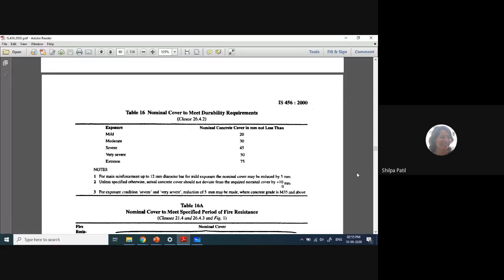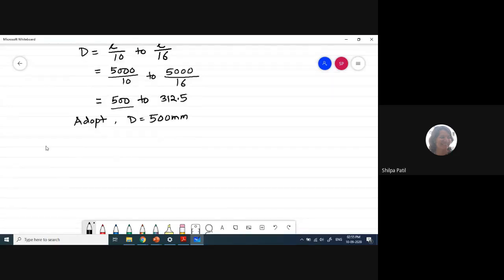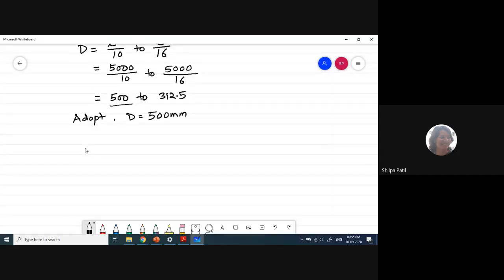So we will write down here, providing effective cover DC is equal to 50 mm.